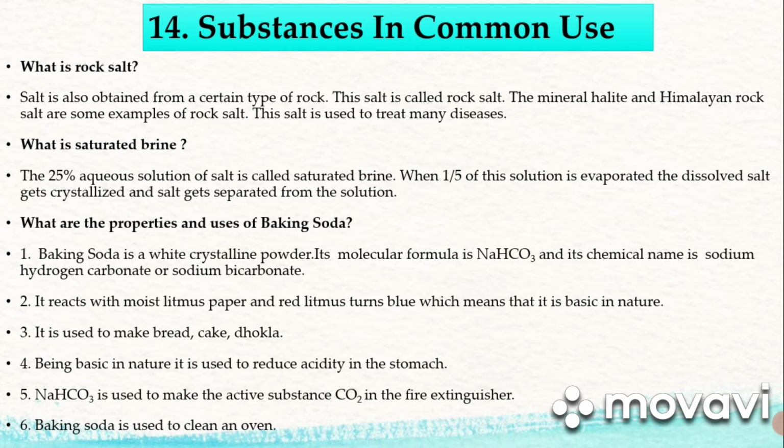It is used to make bread, cake, and dokla. Being basic in nature, it is used to reduce acidity in the stomach. NaHCO3 is used to make the active substance carbon dioxide in the fire extinguisher. Baking soda is used to clean an oven.